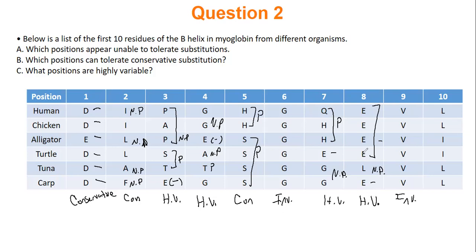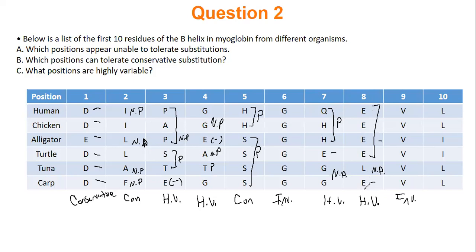But you would really want to study the tuna protein to see why there's an L there. Because it could be this position is actually unable to tolerate substitutions, but tuna is just an oddball. So if you looked at other proteins, maybe everything else is glutamic acid, and tuna for some reason isn't.